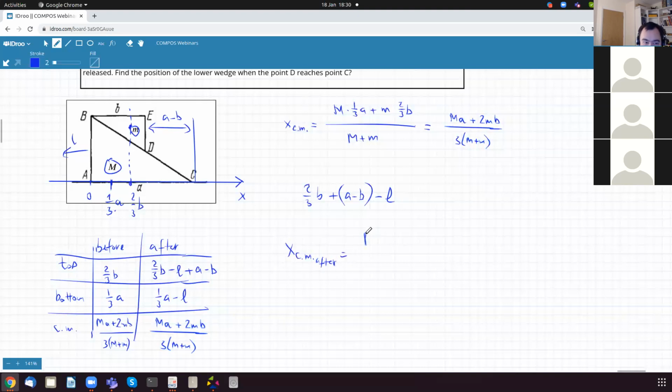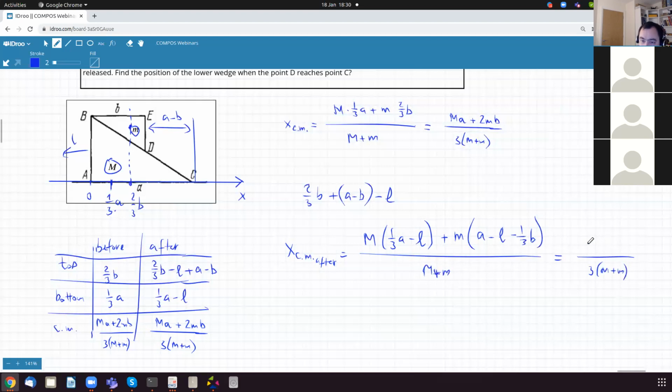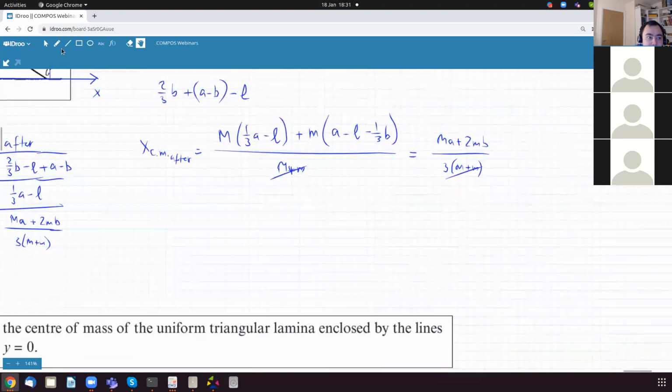So the X center of mass after is equal to the mass of the bottom block times 1/3 A minus L, plus the top block, which is at a position, so 2/3 B minus B is minus 1/3, so it's A minus L minus 1/3 B. That makes life slightly easier, divided by M plus M plus M, and that the whole thing is equal to MA plus 2MB over 3M plus M. So cancel this and multiply by 3.